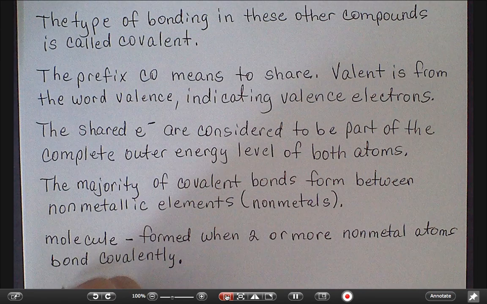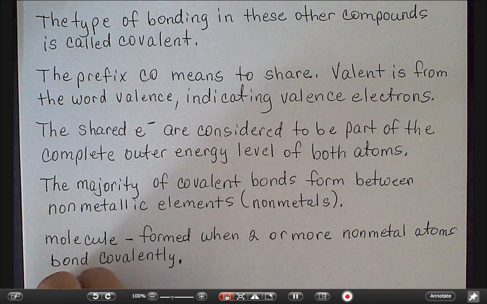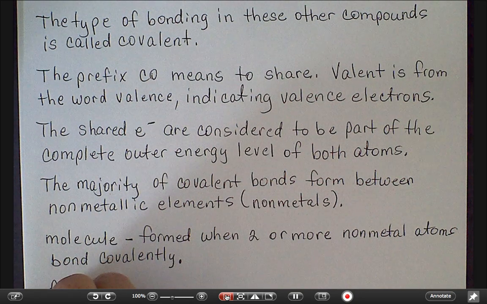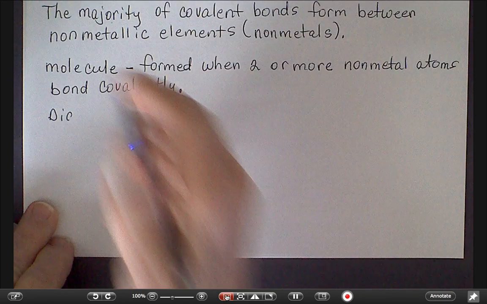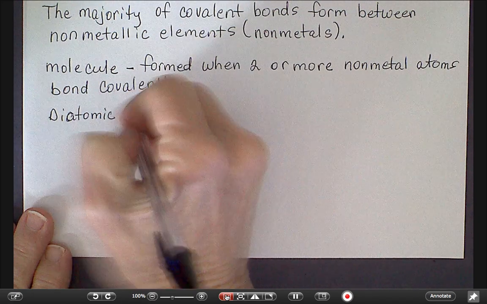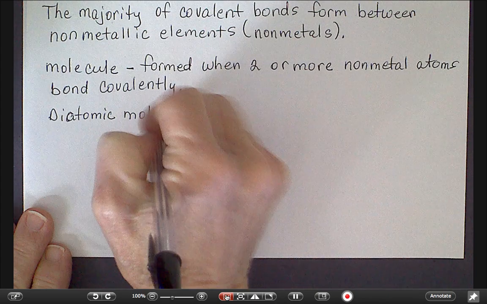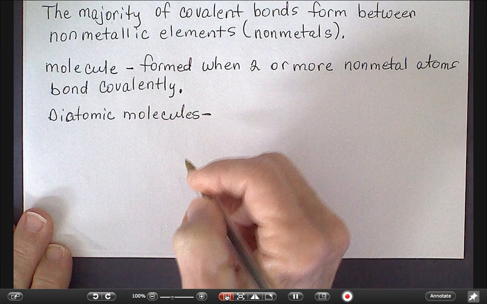Another definition is diatomic molecules. What's prefix di mean?